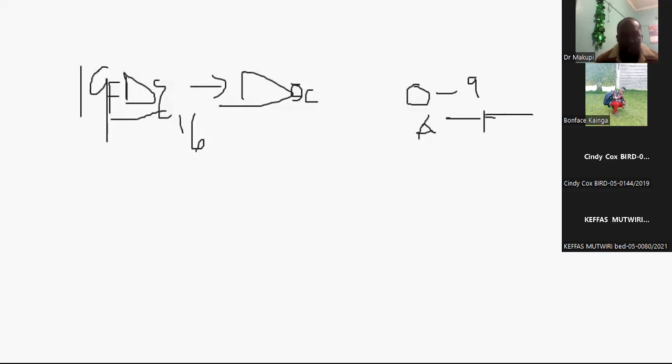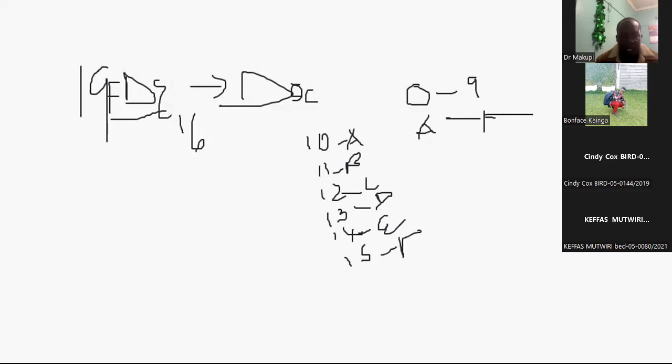For that reason, other than writing 10, 11, 12, 13, 14, 15, you represent 10 as A, 11 as B, 12 as C, 13 as D, 14 E, 15 F. So that if I count from 0 to 9 and A to F, I should be able to get 16. That is why it's known as base 16. So I hope you now understand how you are getting these alphabetical letters.